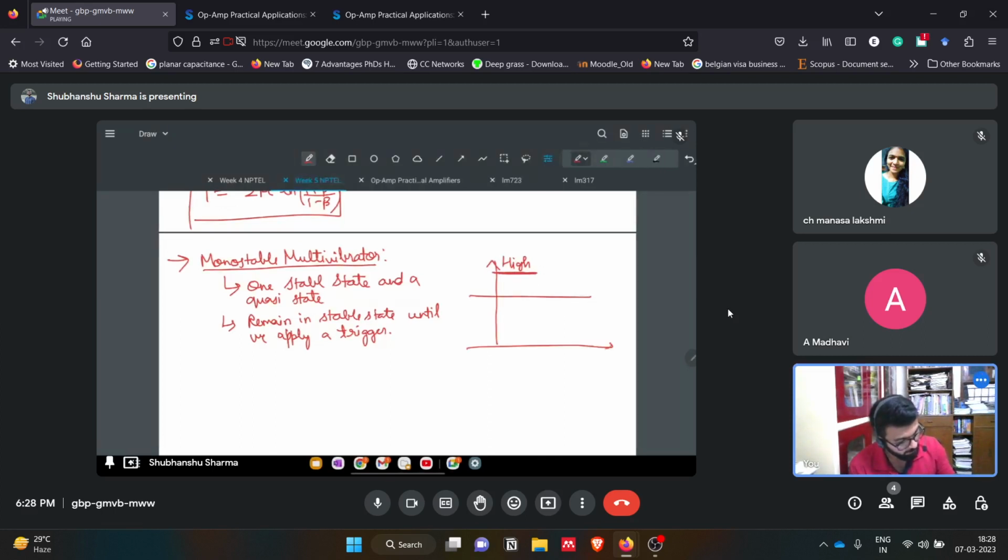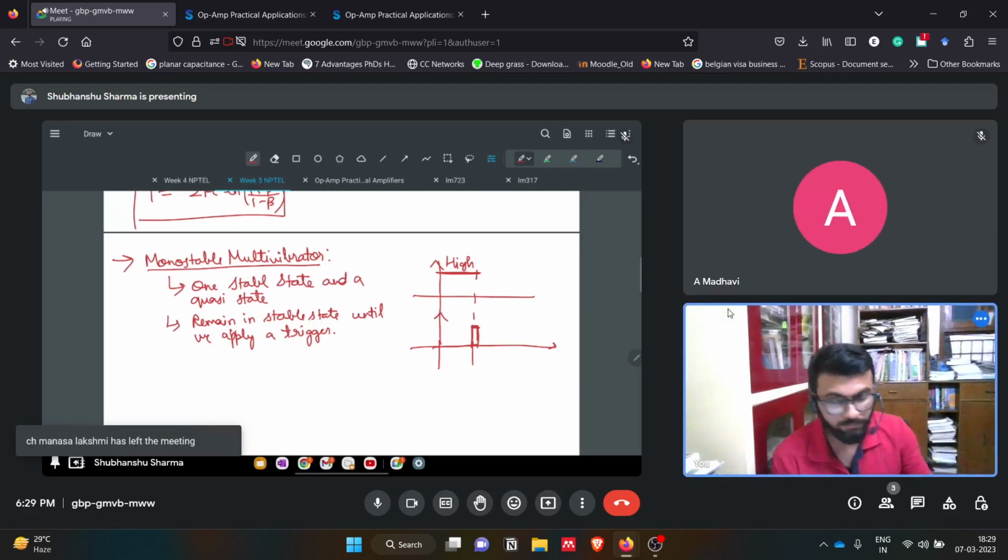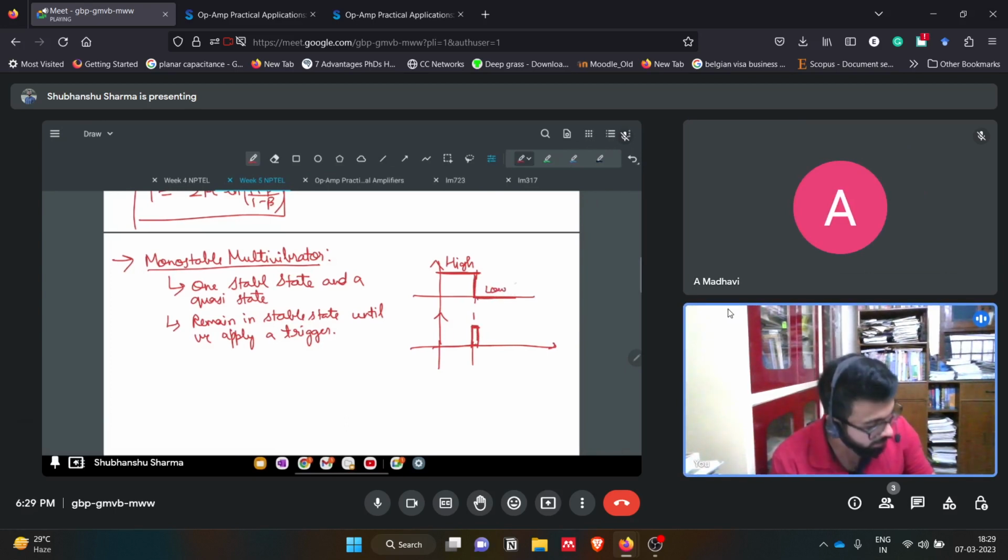And now if we somehow provide one trigger, let's say a square impulse of very short duration, then this voltage will become low. And after being at low state, automatically it will come again to the high state.